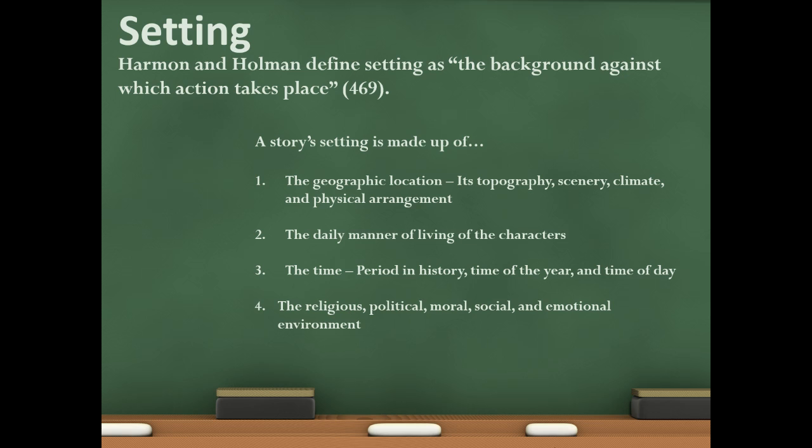So when you think about number four, think about that as culture. A way to sum this up is, what is the culture of the setting? And the culture includes the religious, political, moral, social, and emotional environment.